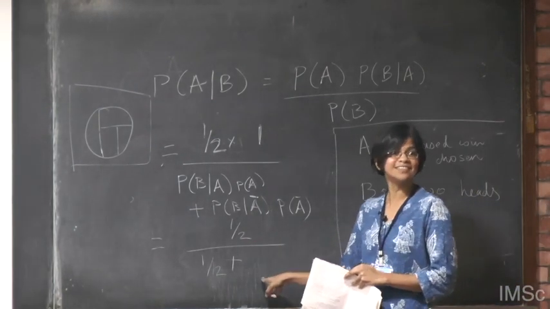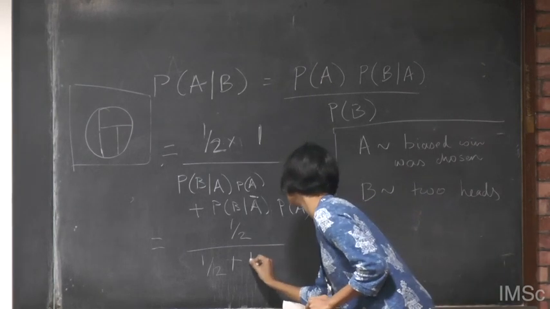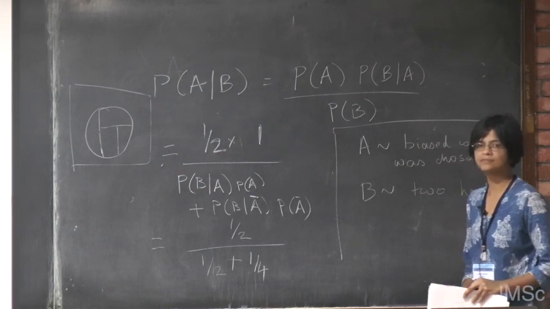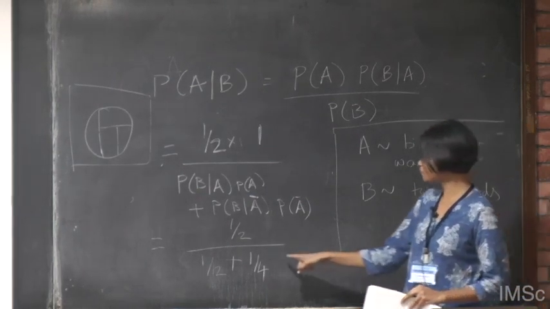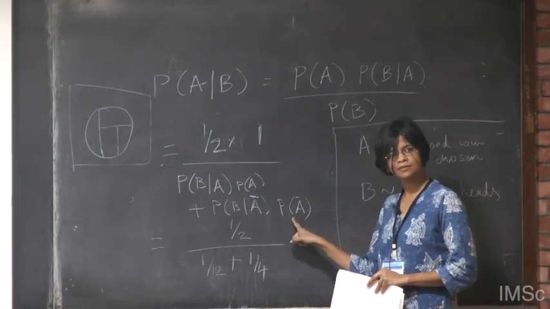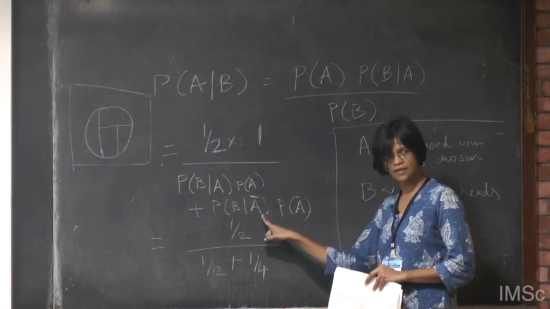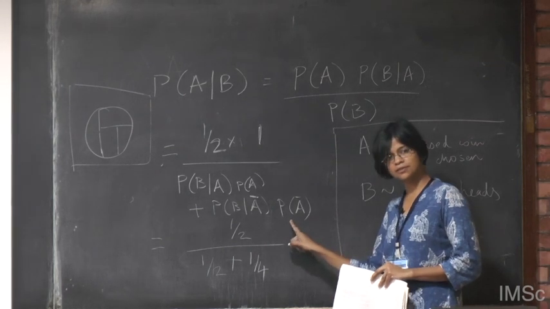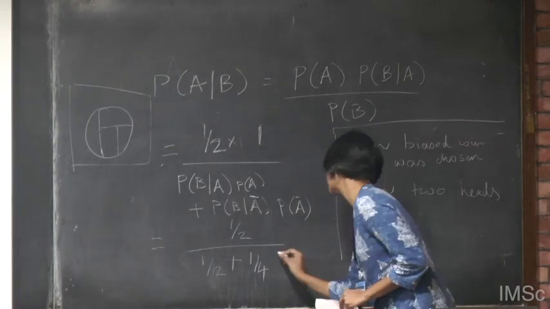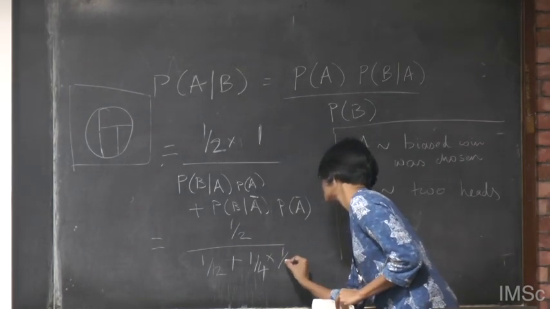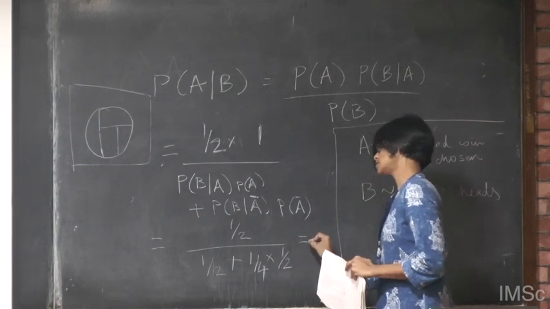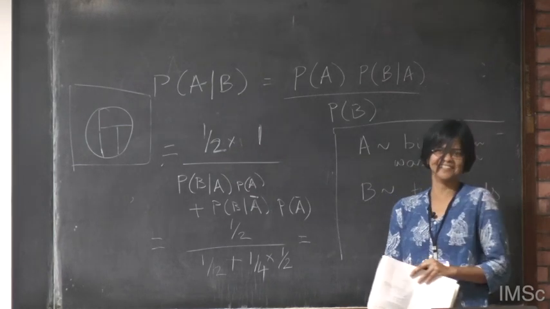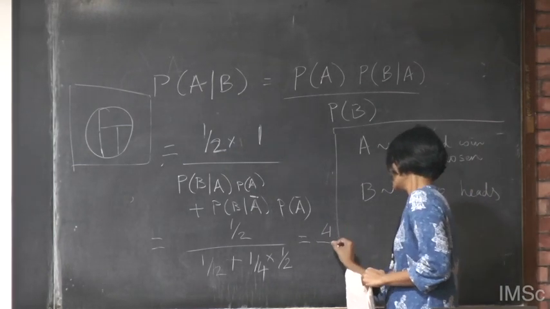So, what is it? 1/4. Okay. 1/4 probability of getting two heads when you picked a fair coin, times the probability that you picked a fair coin, which is half, correct. And this is equal to 4/5. Yes, good.